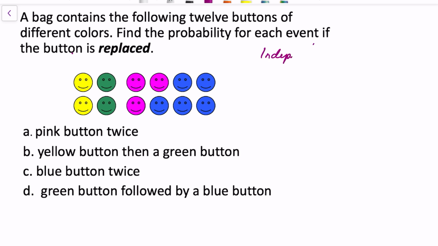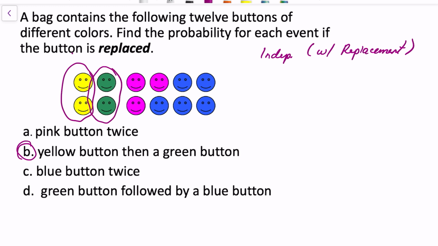So let's start with independent events, which also means sampling with replacement. We wanted to do part B, a yellow button, then a green button. So we have 2 yellow buttons and 2 green buttons. The probability for a yellow button is going to be out of 12, so 2 out of 12. We're going to multiply this, again, 2, and the denominator is going to be 12 because I replaced it.